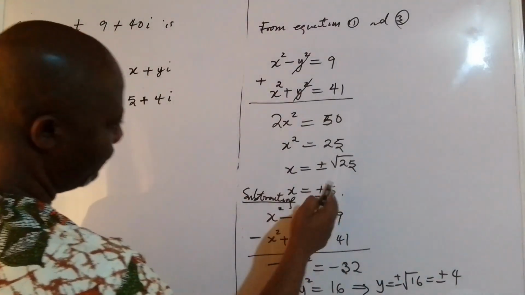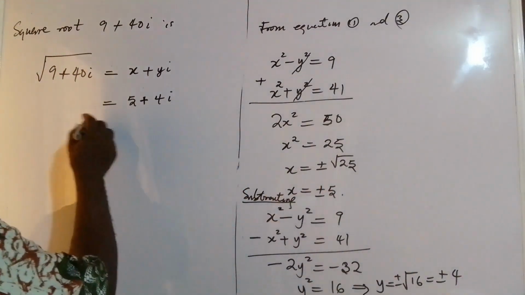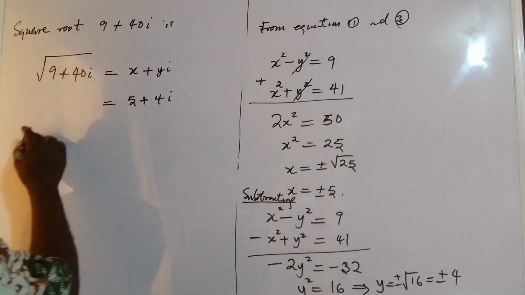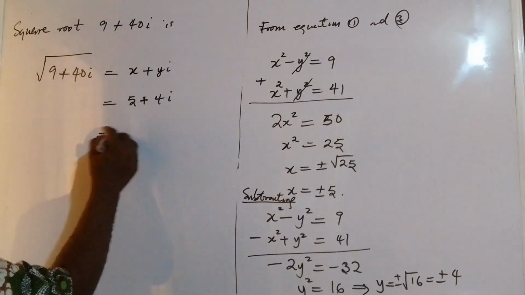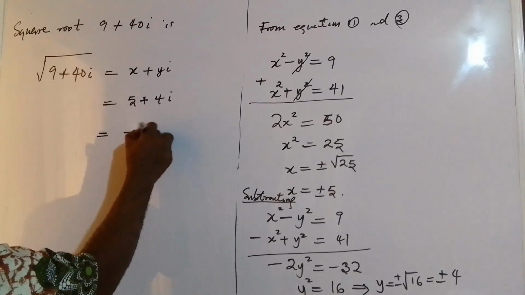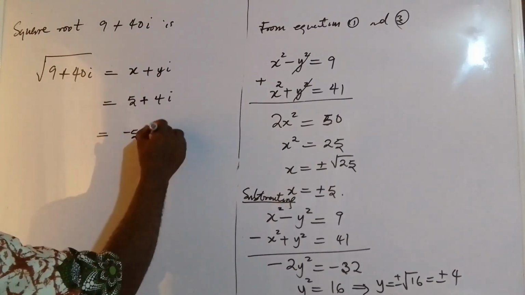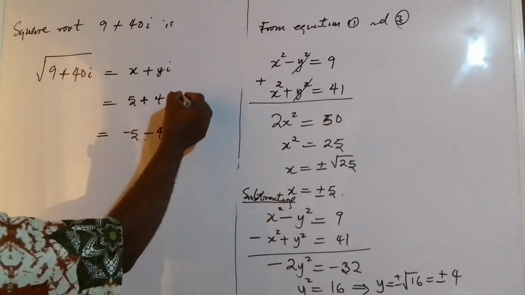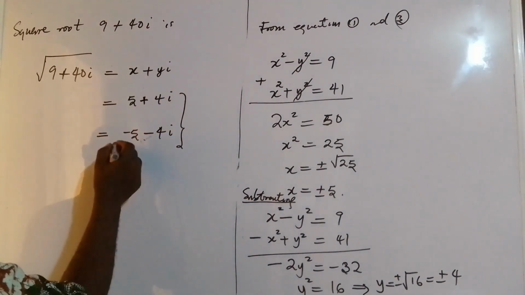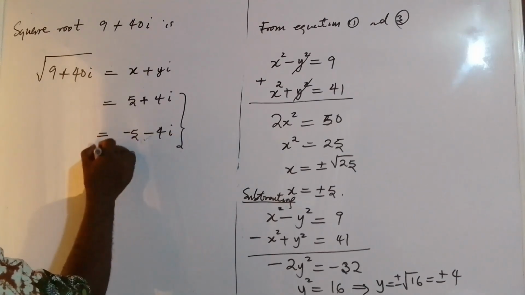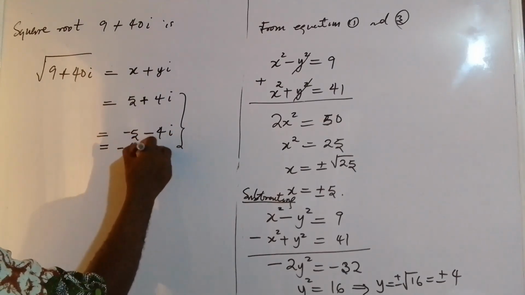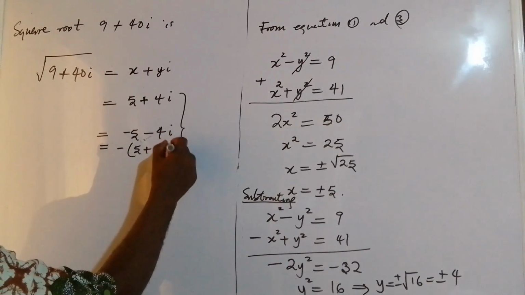If they are negative, then we will have minus 5 plus minus 4i, which can actually give minus 5 minus 4i.